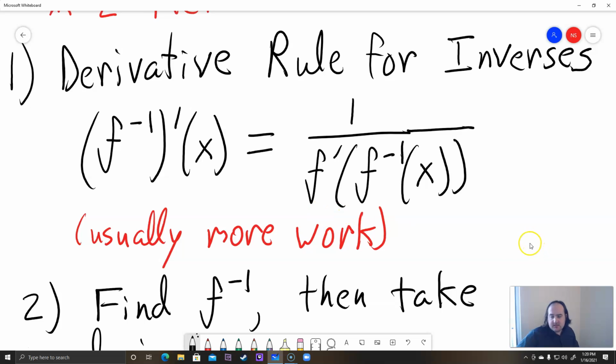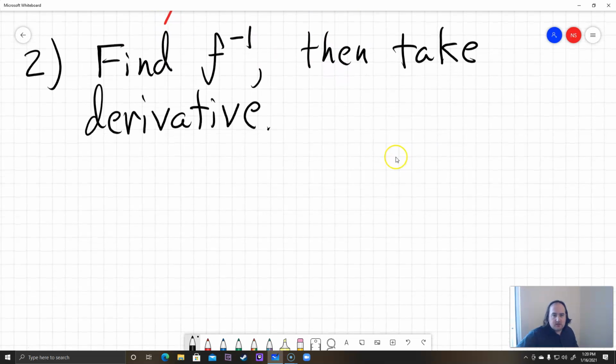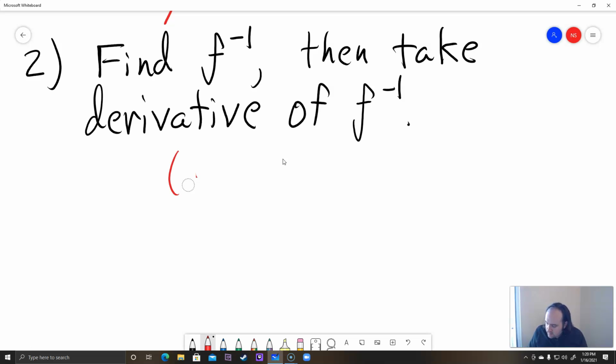But in most cases, you don't actually need to use this, and this is more work than what I was just saying, which is to first find the inverse, then take the derivative of that inverse. So you take the derivative of f inverse. So in most cases, method number 2 is usually recommended.